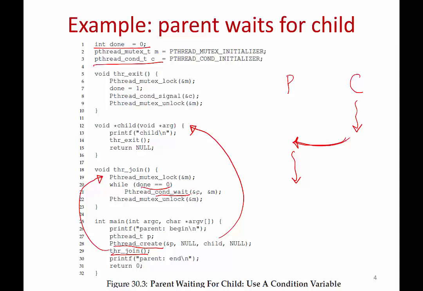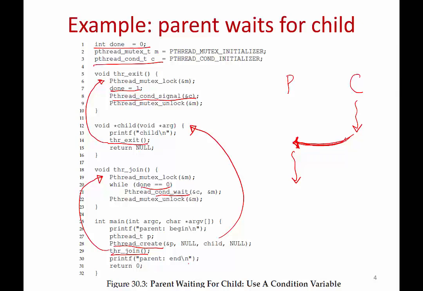It will call wait on this condition variable. At this point, the parent thread goes to sleep. And when the child runs, and when it calls this exit function, when the child is finished, it will set done to 1, and it will call signal on the condition variable. When the signal on the condition variable is called, that is when the parent thread is woken up and the parent thread continues its execution.